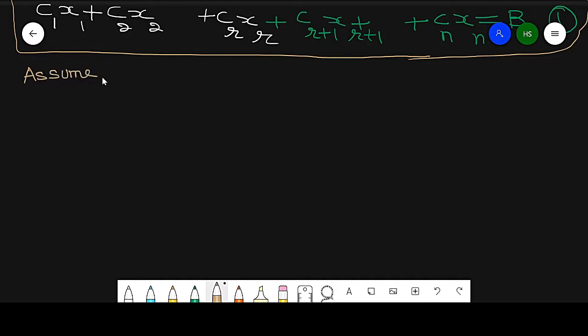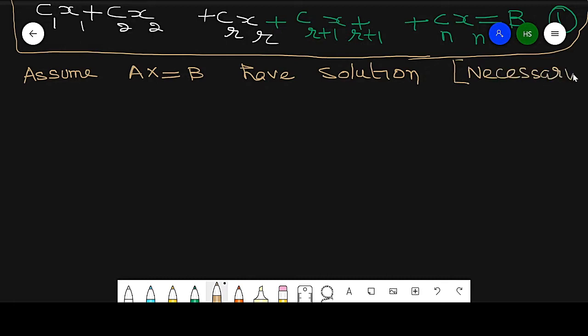To prove the necessary part, assume that AX equal to B has a solution, that is, AX equal to B is consistent. So first I am going to start with the necessary part. The next step is the converse, which is the sufficient part.